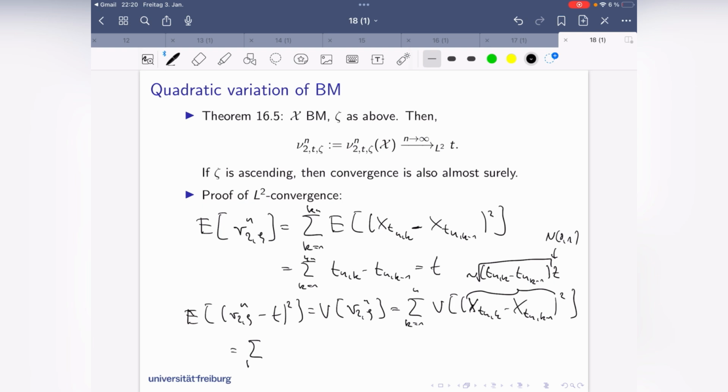I'm writing down the sum, k from 1 to k_n. I'm squaring this, so I'm going to the variance of this here without the square root. And when I pull this out of the square root, I have (t_{n,k} minus t_{n,k-1}) squared times the variance of Z squared.